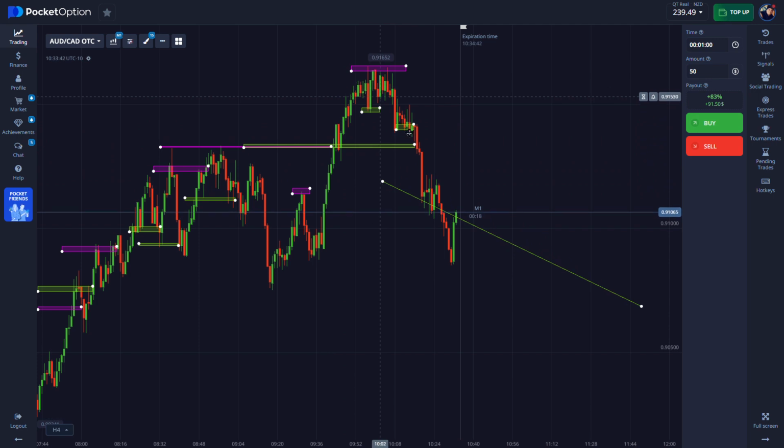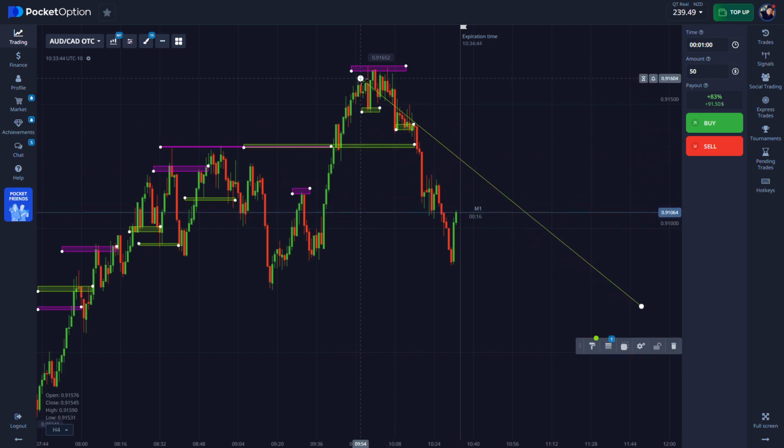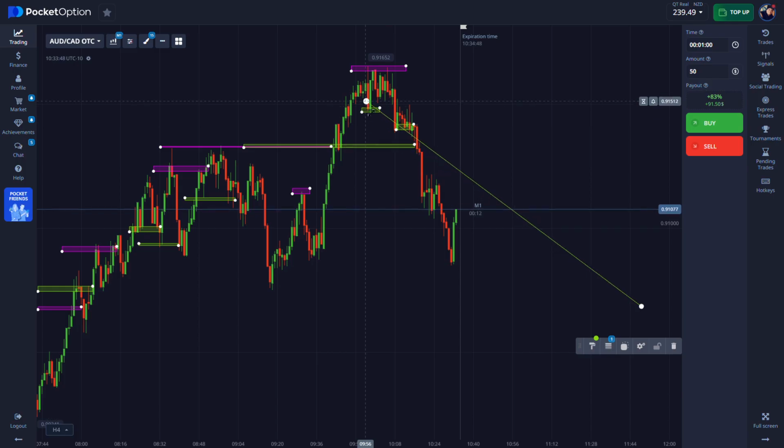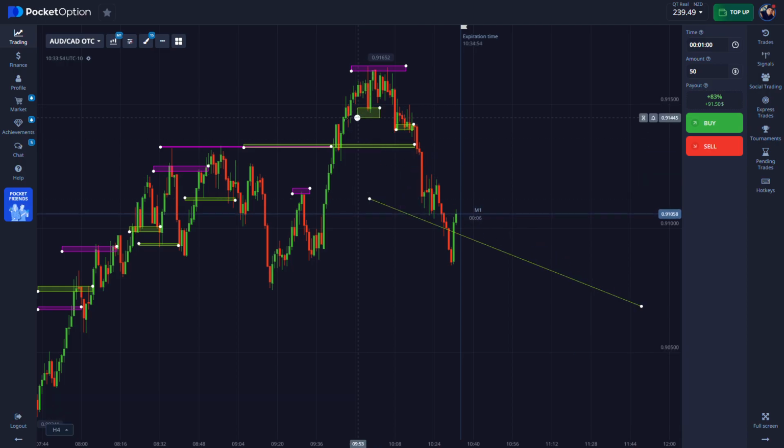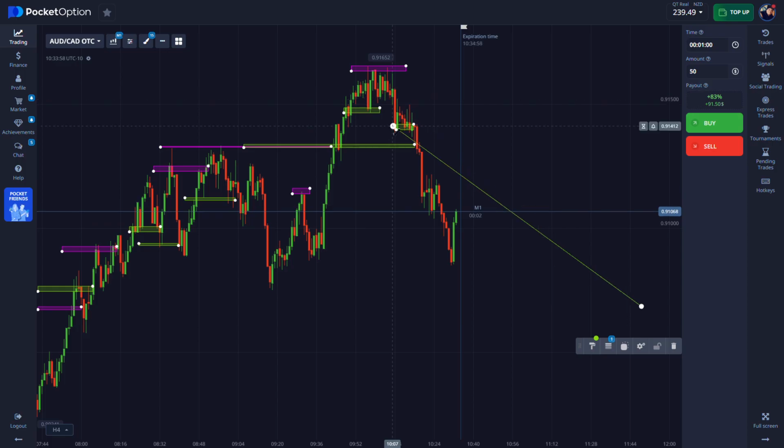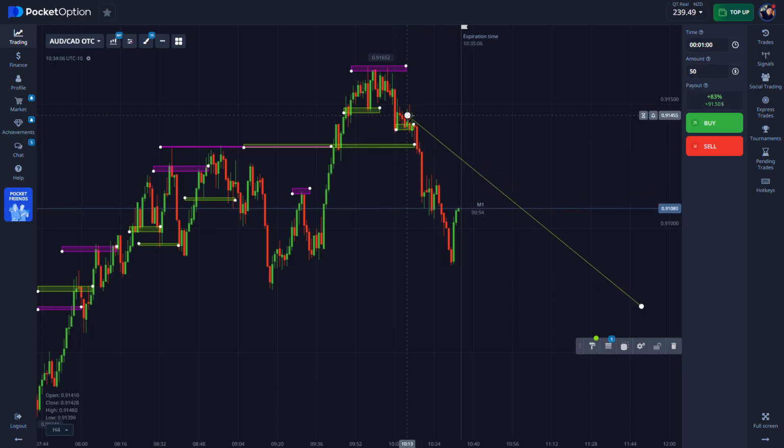Okay, sellers get taken out with that. Buyers get taken out. Created equal highs, only to get taken out again. Consolidating, bringing in buyers thinking, oh, it's going to go up from there. Sellers coming from above, sorry.